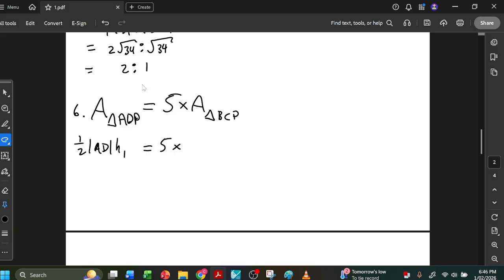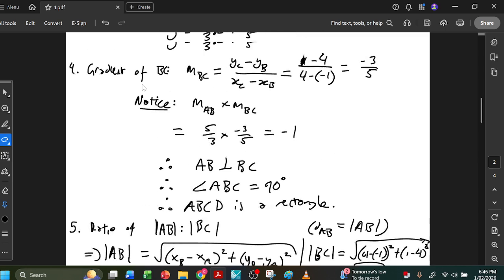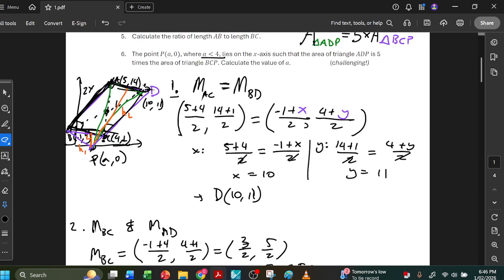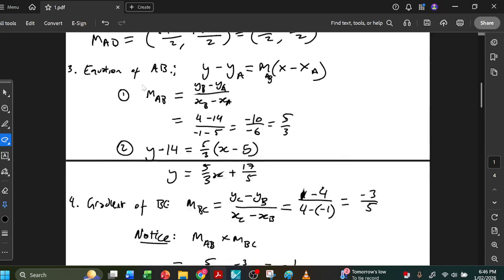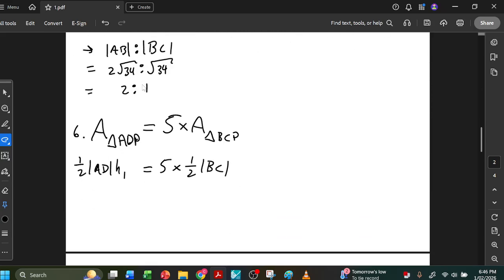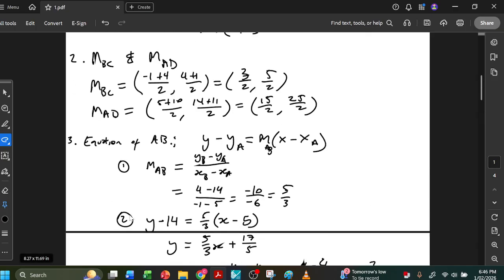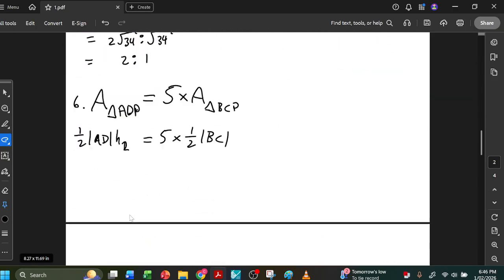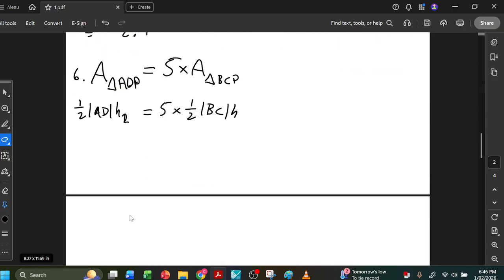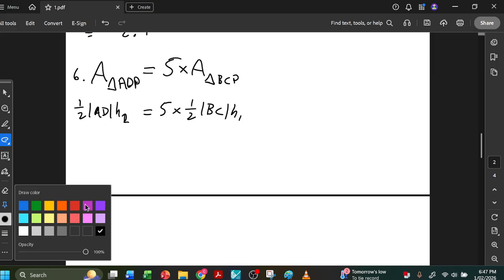That needs to be equal to half, so 5 times the area of BCP, whose base, as we can see, is BC, and its height is H2. How did I call it? Yeah, that's H1 and that's H2. All right, so this is where the magic happens.